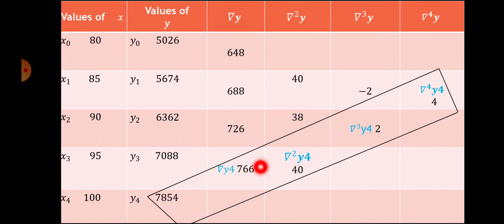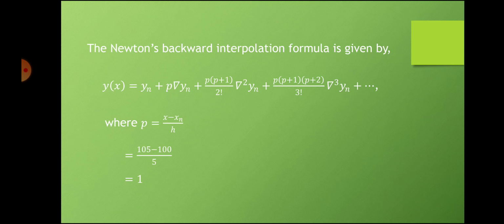I have simply highlighted the values in the form of a rectangle. Those we are going to use in Newton's backward interpolation formula, that is nothing but y4, which is the leading term, and del y4, del square y4, del cube y4, del power 4 y4 are the leading backward differences. Coming to the formula, it is given by y of x equals yn plus p del yn plus p into p plus 1 by 2 factorial into del square yn plus p into p plus 1 into p plus 2 by 3 factorial into del cube yn and so on, where p equals x minus xn by h.